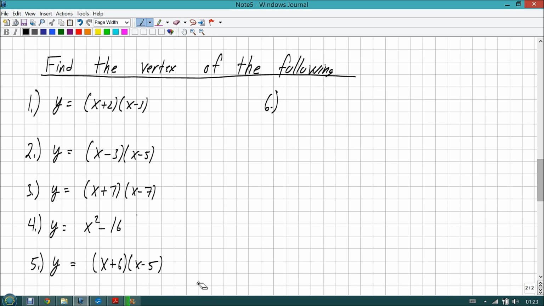So the first 5, well, 4 out of the 5 are in factored format, and then these not so nice.